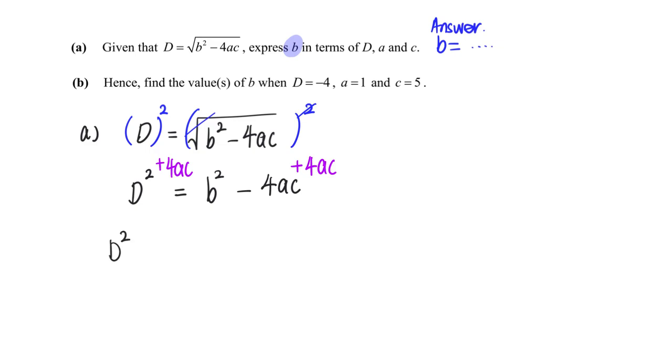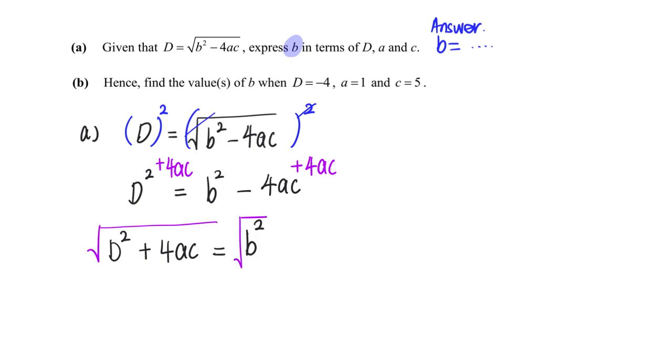So that I would have my b squared on one side. And to make sure that I do not have any square left, I square root both sides.